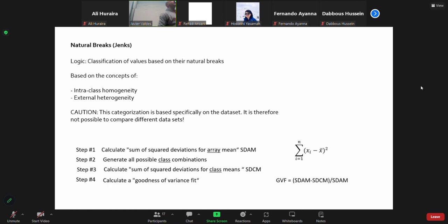And why do I do a square? Because I want to give more value to those individuals that are very far away from the mean. So, do you understand? If I have a mean, I have some values here.